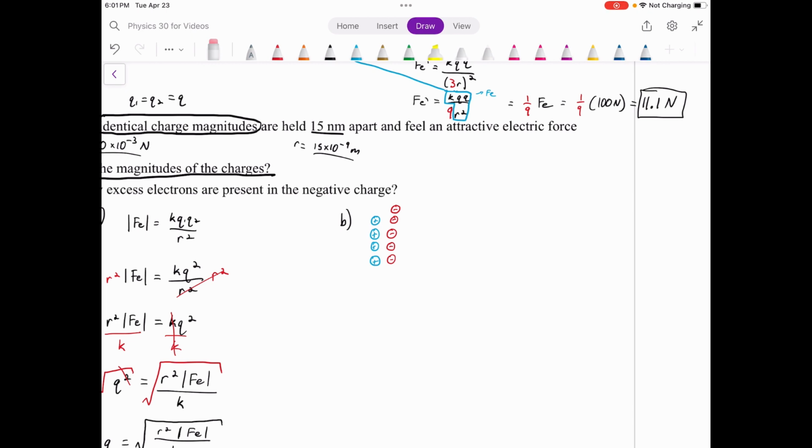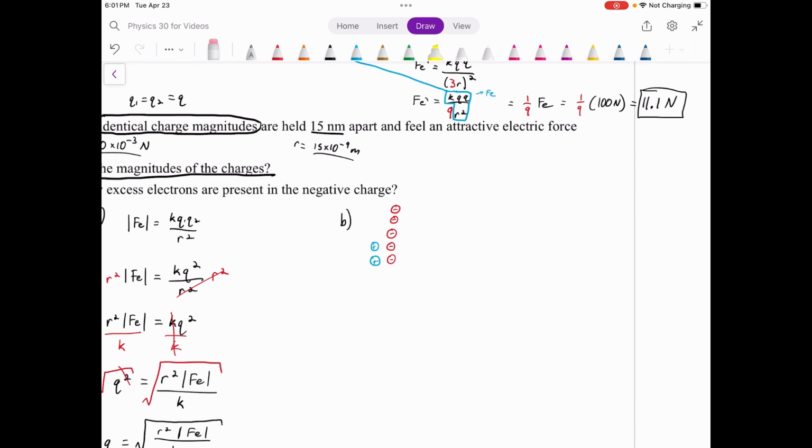And for every one more electron it has, another charge of negative 1.6 times 10 to the negative 19 coulombs. Right now, these would all be canceling out, and its net charge would just be the charge of that one electron, negative 1.6 times 10 to the negative 19 coulombs. If it had 2 extra electrons, it would have twice as much charge, 2 times 1.6 times 10 to the negative 19 coulombs.